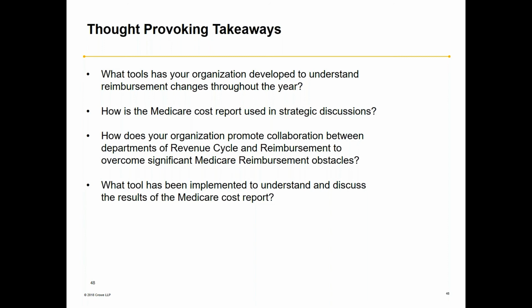So the thought-provoking question here is, how am I reporting things, and am I making sure they're reported properly? Is there a big difference between how we're doing things compared to what other competitors, other hospitals in my area, are doing?